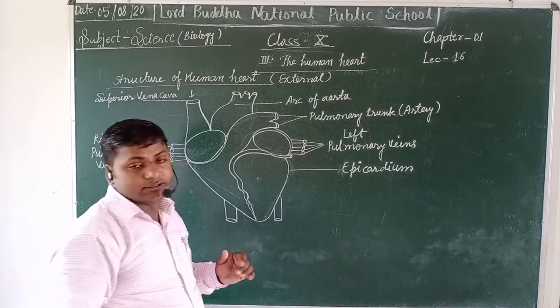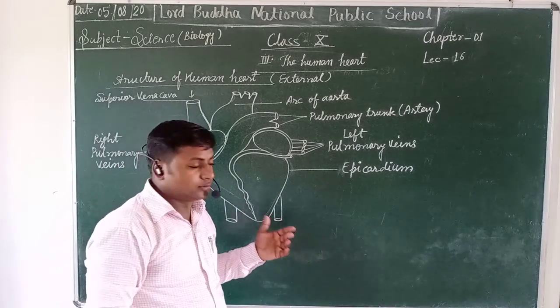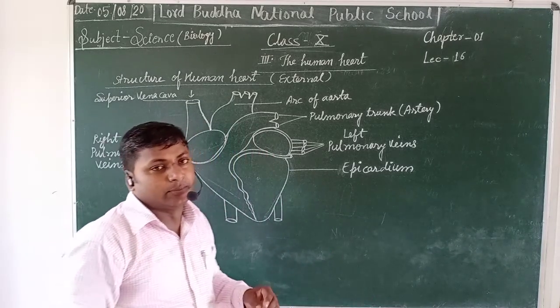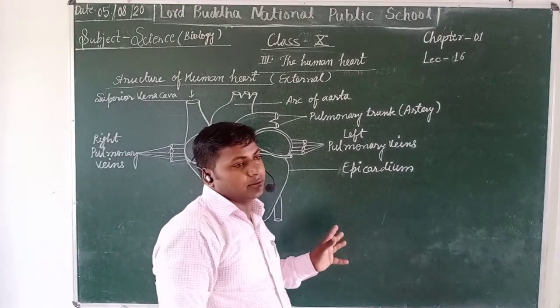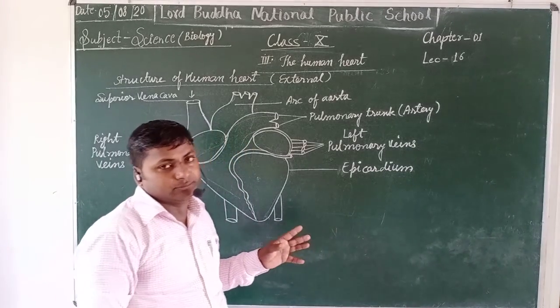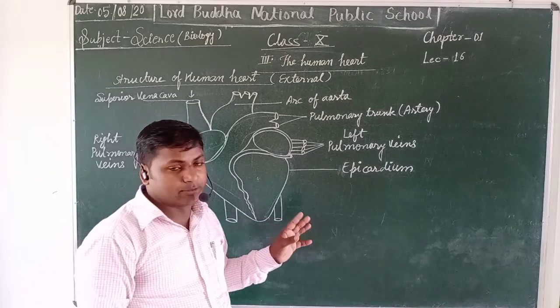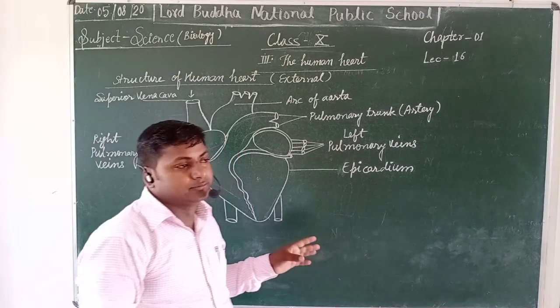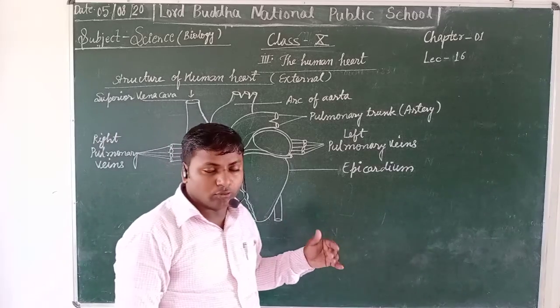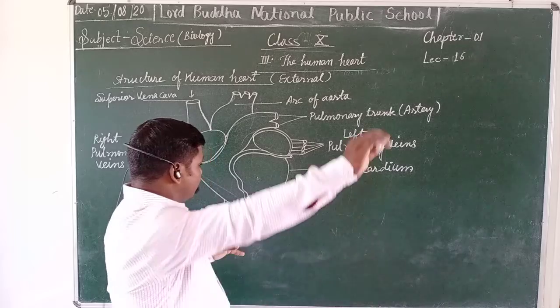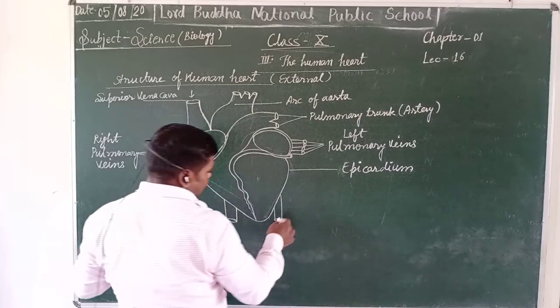The inner membrane is called endocardium, and the space between epicardium and endocardium is known as the pericardium. Inside the pericardium, a fluid is present that is called pericardial fluid. We will know more about the pericardial fluid after labeling the diagram.